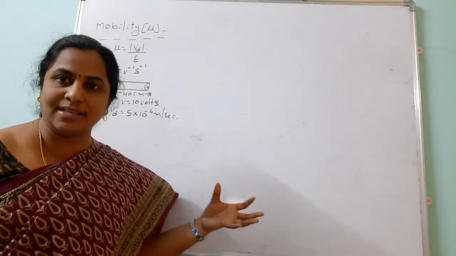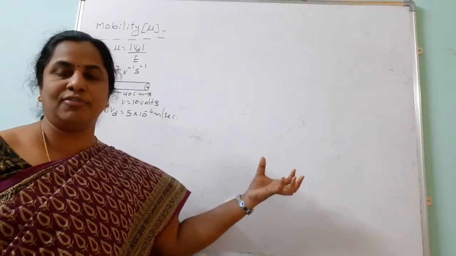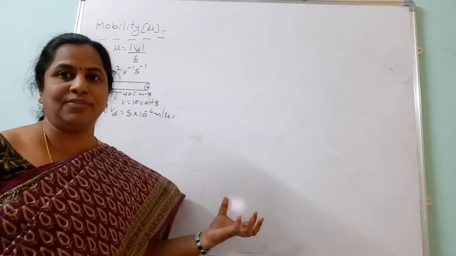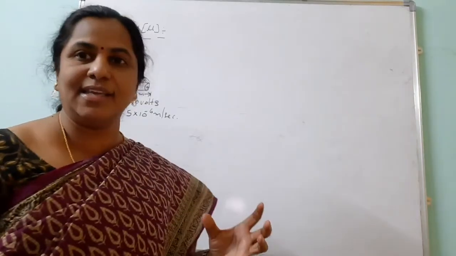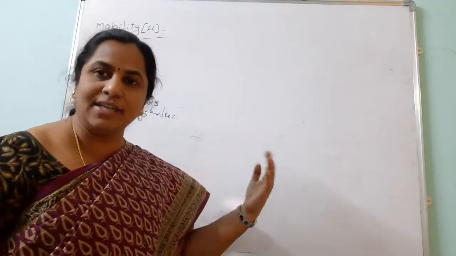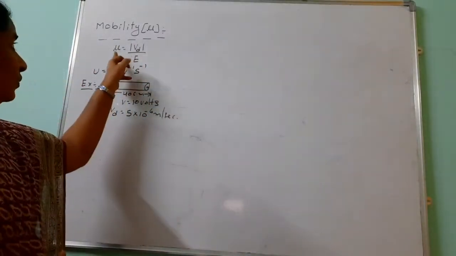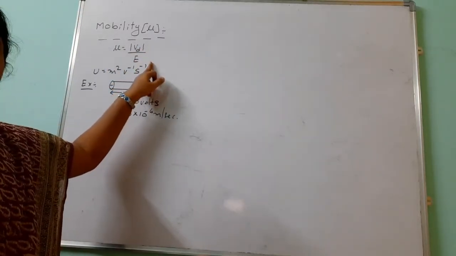That velocity is called the drift velocity. Mobility is always positive, whether it is due to positive or negative ions. The formula is mu equals magnitude of drift velocity by intensity of electric field.